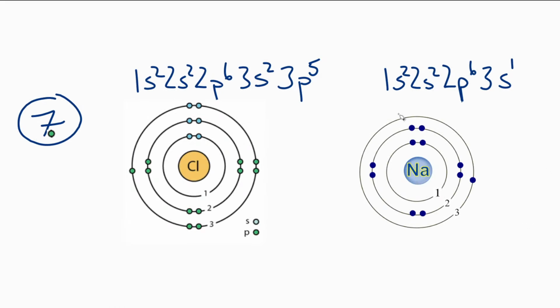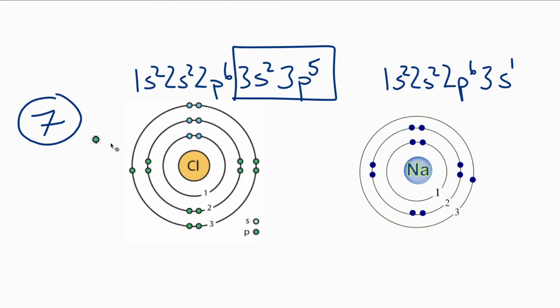So again, what we're doing, we're building out the pattern of the electrons from the nucleus. But check this out. This is chlorine. It ends with 3s2, 3p5. It almost has 8 valence electrons. If we had one more electron, we put it right here, that would make this 3p6, and that would be very stable like a noble gas.